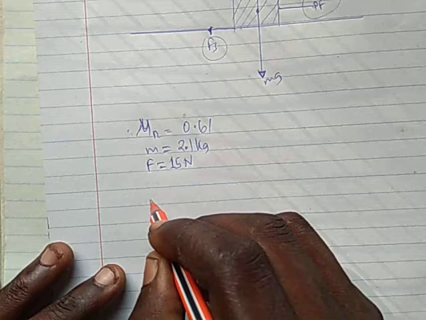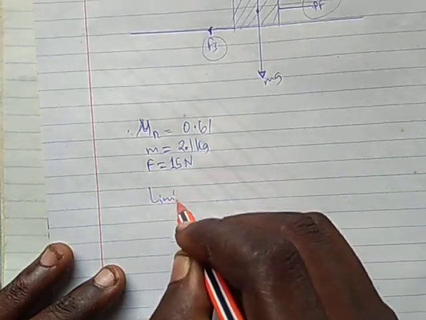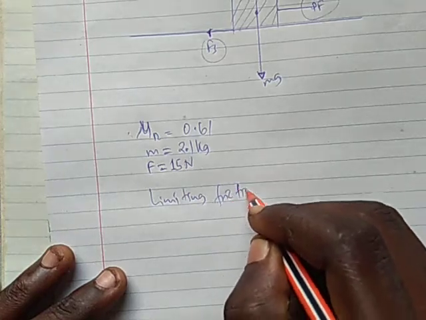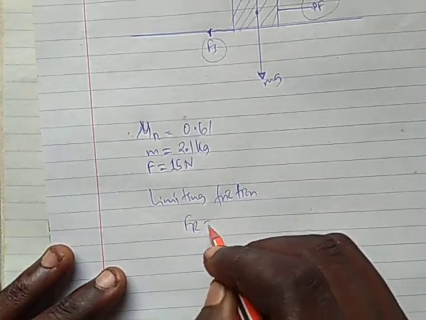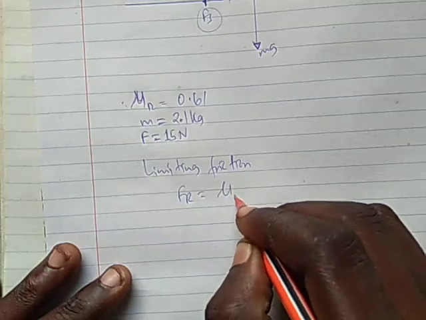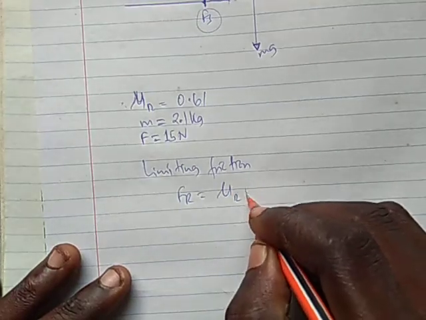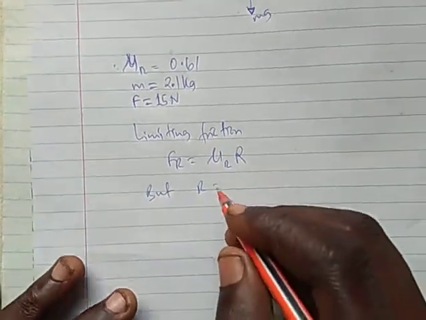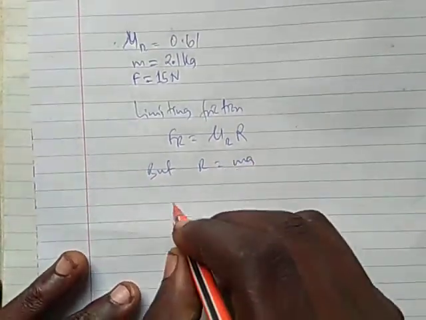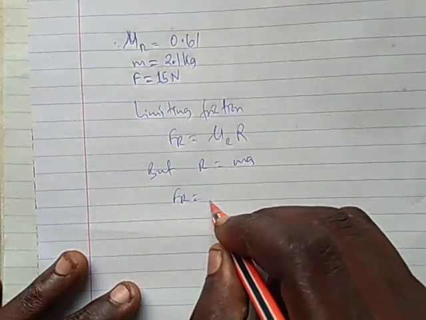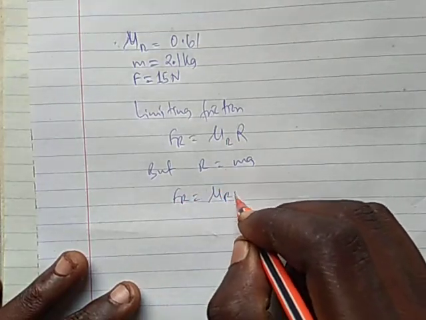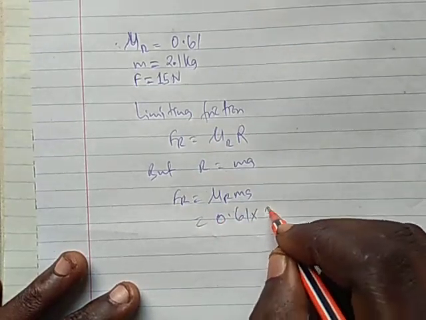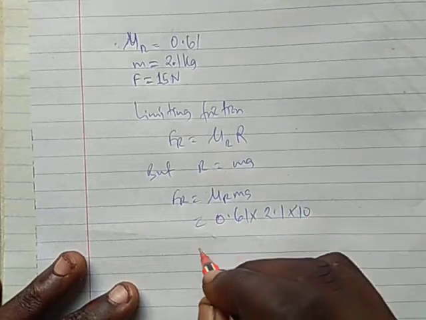So let's calculate about the limiting friction. Limiting friction Fr will be given by mu R, then normal reaction R. But in our case, normal reaction R is equal to mg. So Fr will be equal to mu mg. That is to say 0.61 times mass 2.1 times 10.